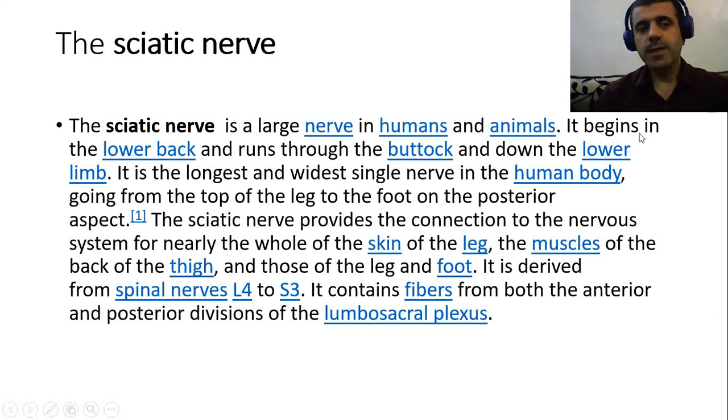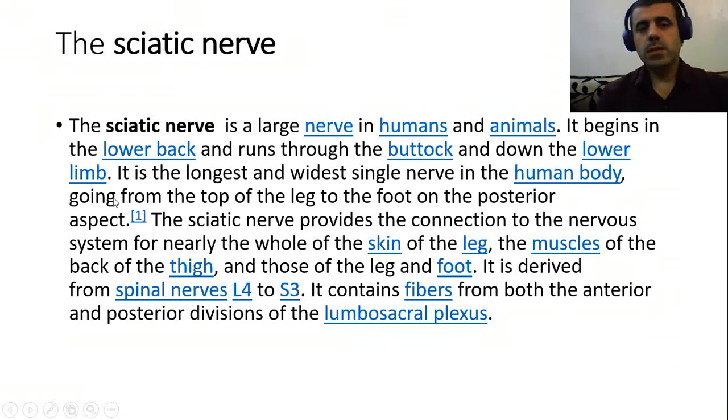It begins in the lower back and runs through the buttock and down to the lower limb. So it goes through back of the lower limb. It is the longest and widest single nerve in the human body.